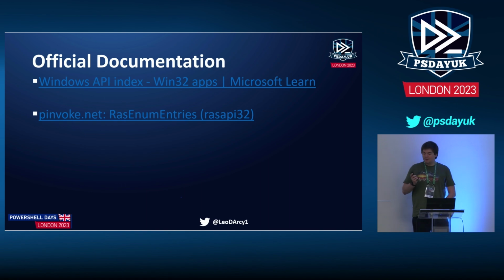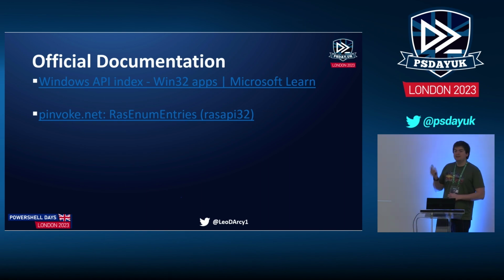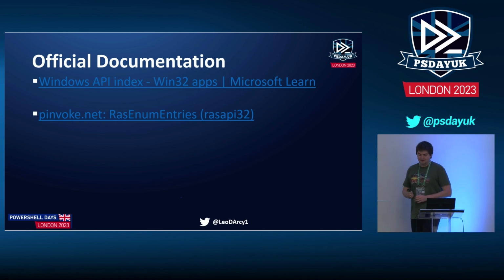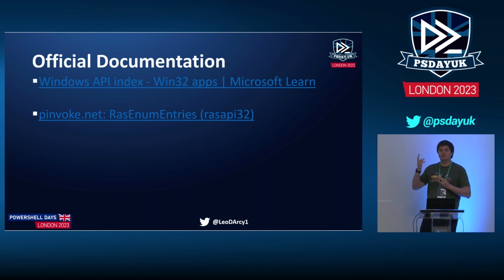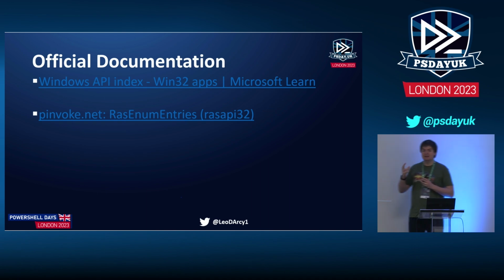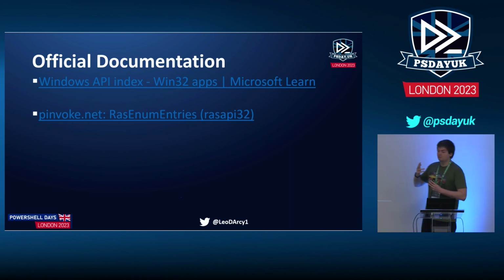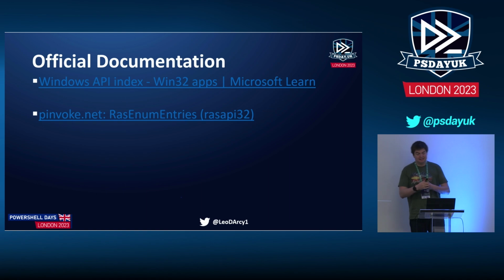There is also a website called pinvoke.net, and this is a really good starting point because it's a community contributed, almost like a wiki, which defines a lot of the interfaces. It's designed for C#, but when we're accessing it from PowerShell, we're generally using a C#-like interface anyway, so you can translate relatively easily between them.